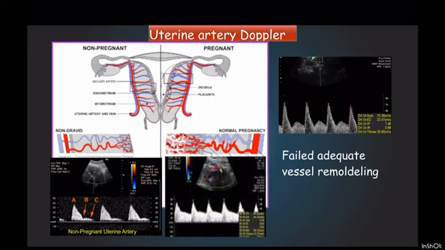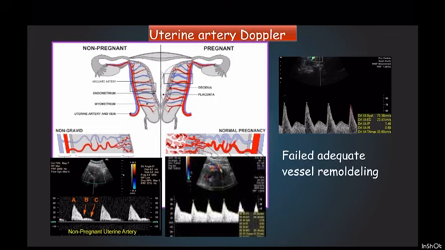pregnancy. However, in cases like preeclampsia, what happens is this change doesn't happen adequately, or there is incomplete invasion into the blood vessels, into the spiral artery. That is called failure of remodeling of spiral artery.